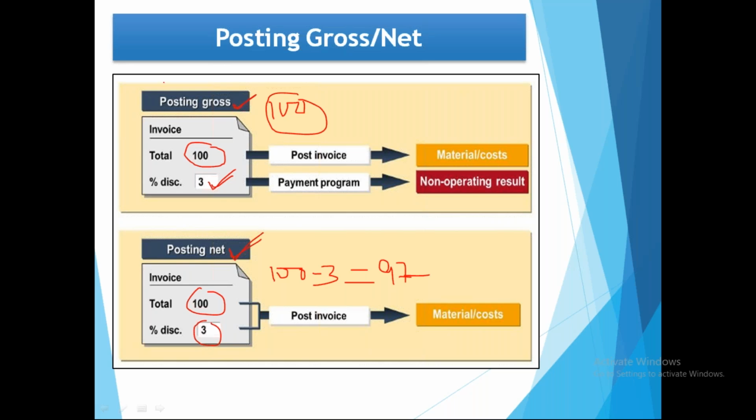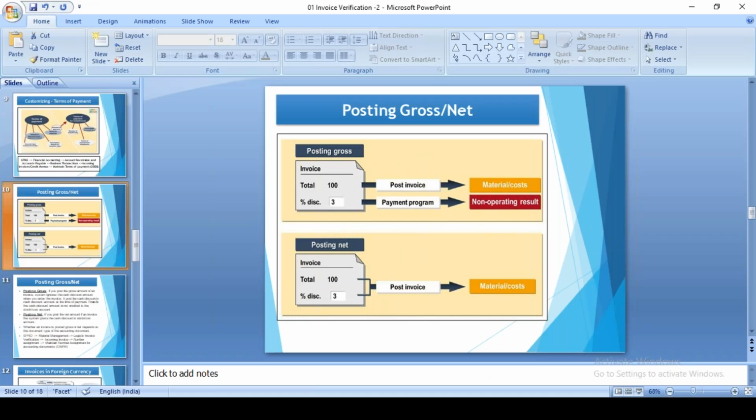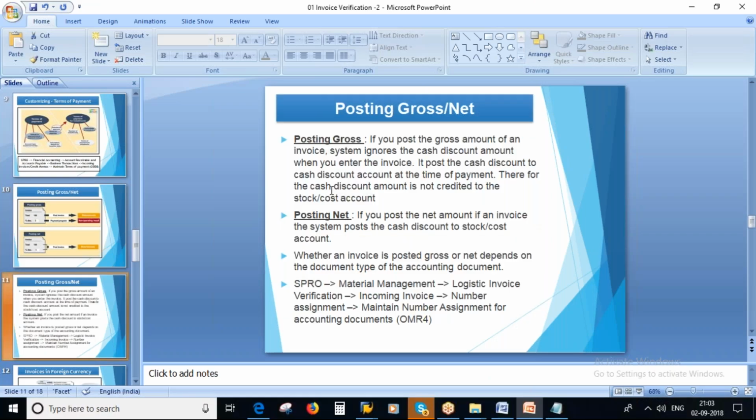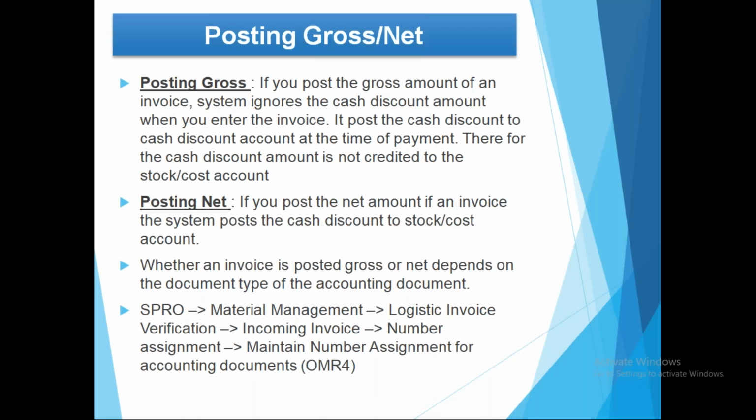Whether you want to post gross or net value, you will decide in the Miro transaction. Let's see how to do that. So this is our posting gross or posting net. If you post the gross amount of an invoice, the system ignores the cash discount amount when you enter the invoice.